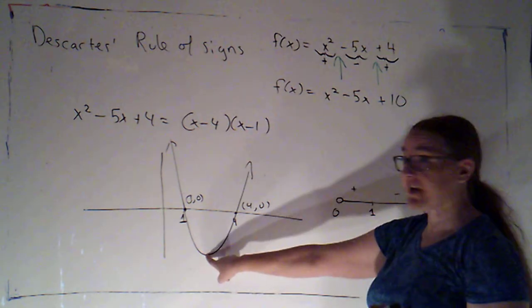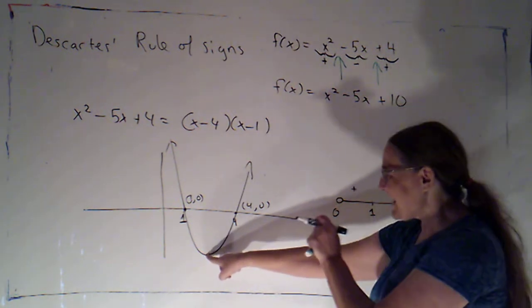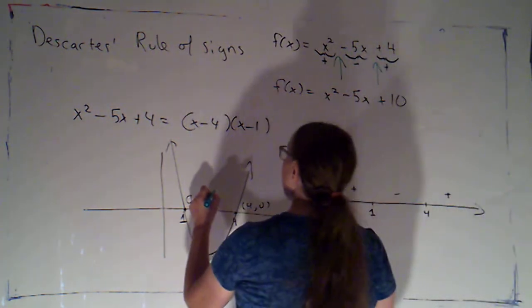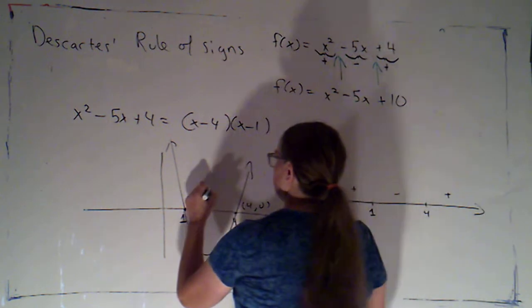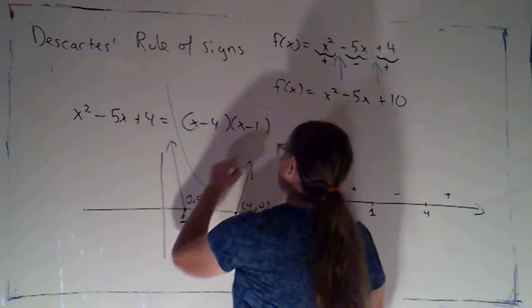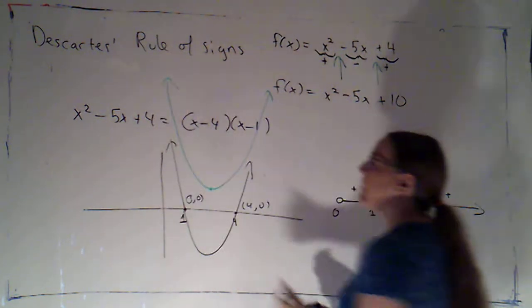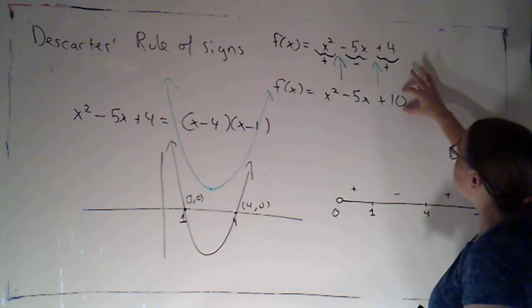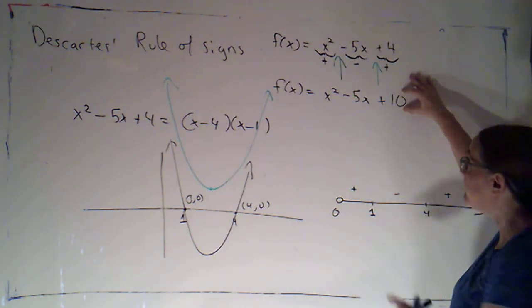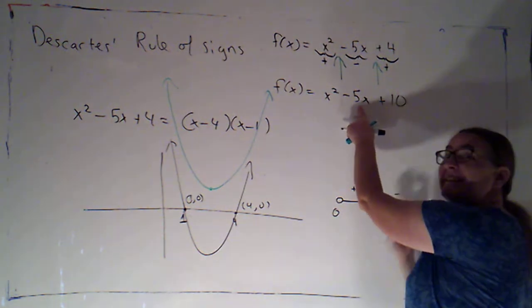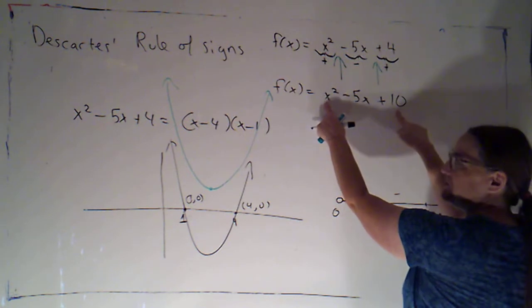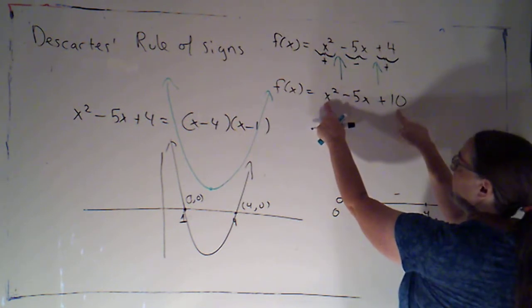Now, if this vertex was less than 6 units down, that's going to translate this up so that we now have no zeros. In other words, I made this term big enough that this term is never going to be big enough to counterbalance these two terms trying to make it positive.